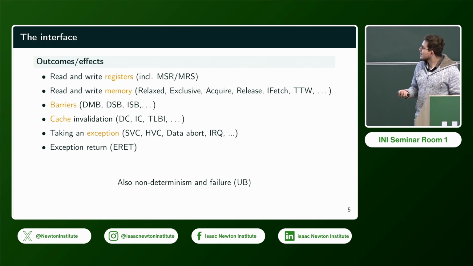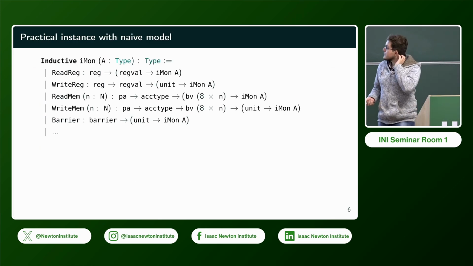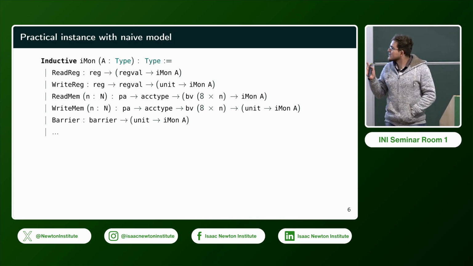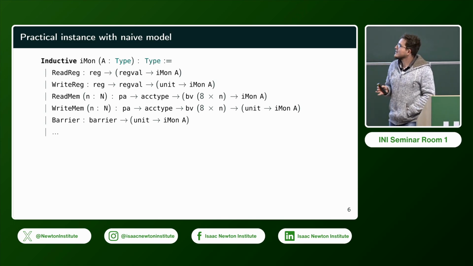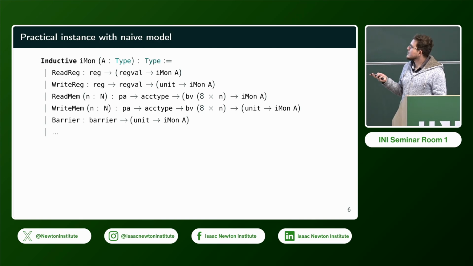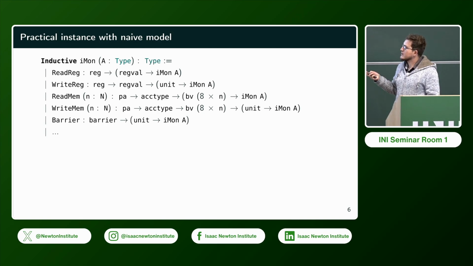More practically, with an example, here is a Coq definition that looks like the real one, but not really, for a bunch of those effects. For example, for reading a register, you take a register as an input, and then you have a continuation that takes the register value that you got and continues execution.